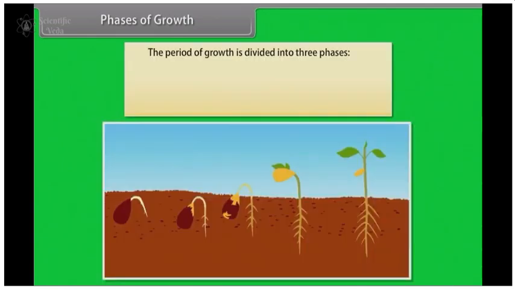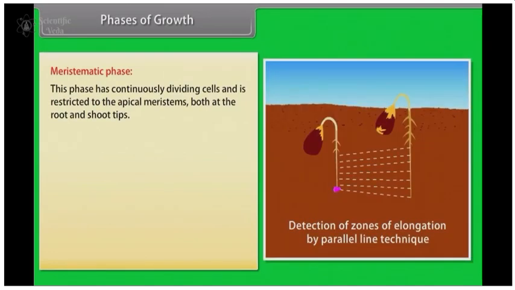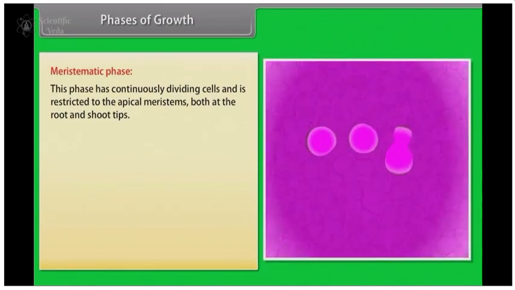Phases of growth. The period of growth is divided into 3 phases: meristematic, elongation, and maturation. Meristematic phase. This phase has continuously dividing cells and is restricted to the apical meristems, both at the root and shoot tips.